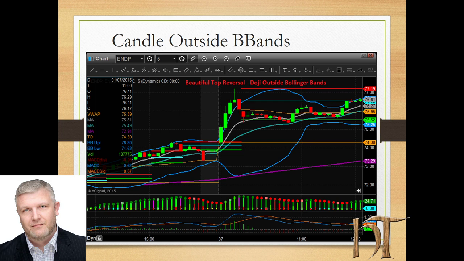The moving averages can be really helpful. The volume weighted average price is fairly helpful. It's good to know because it gives you an indication.